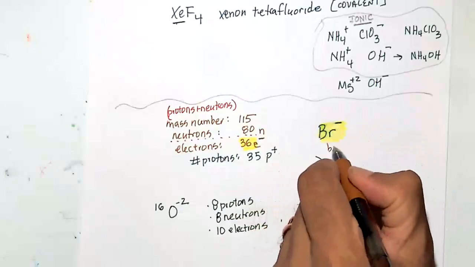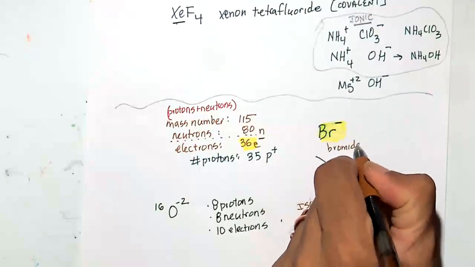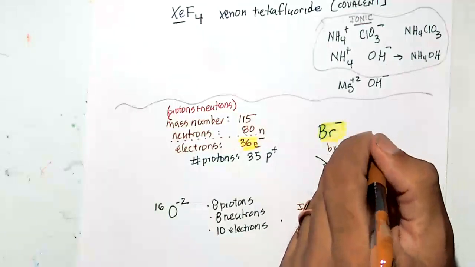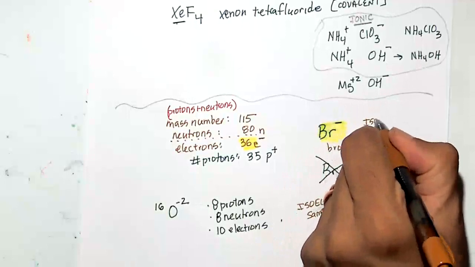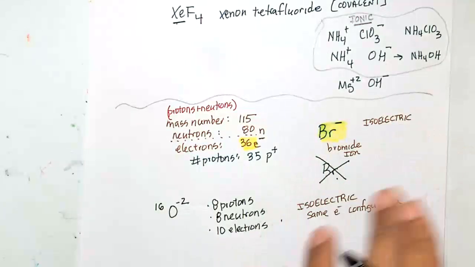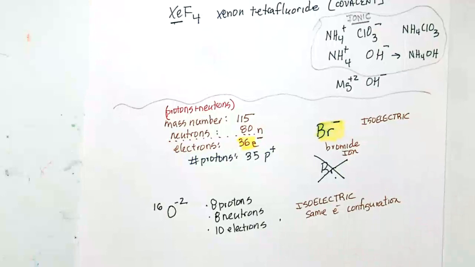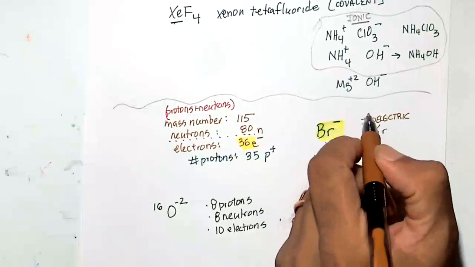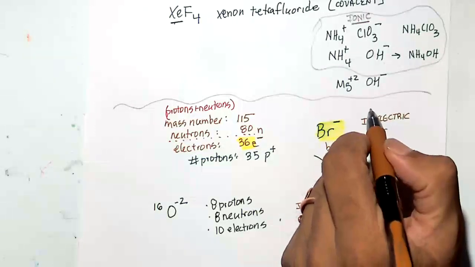Bromide ion. Okay, what is this isoelectronic with? What other element has the same electron configuration as Br minus? Kr, okay? Anything else maybe?